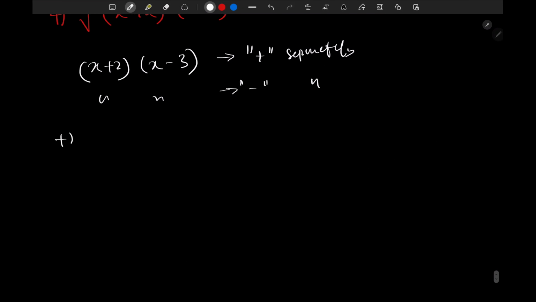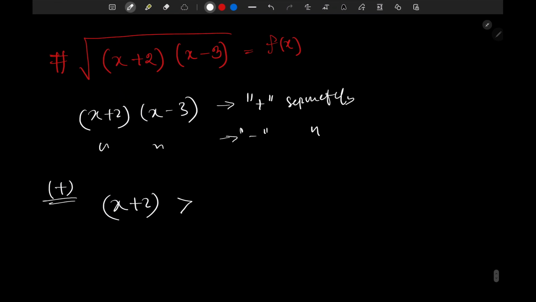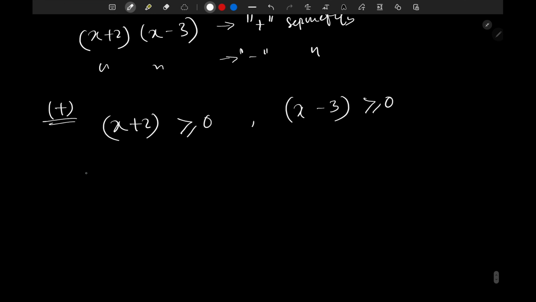So let's consider the case where both of them are positive. So this is x plus 2. And obviously this can go to 0 because this is just a square root, so you can have 0, that's fine. So either this is 0 or greater than 0, and x minus 3 is 0 or greater than 0, right? This gives you x is greater than or equal to negative 2 and x is greater than or equal to positive 3.